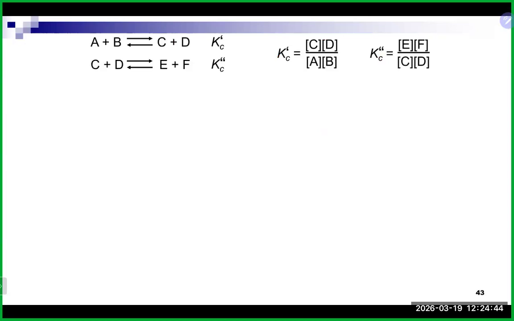All right. The next thing we're going to talk about is what happens when we need to manipulate equations, these reversible reactions that have a K value associated with them.